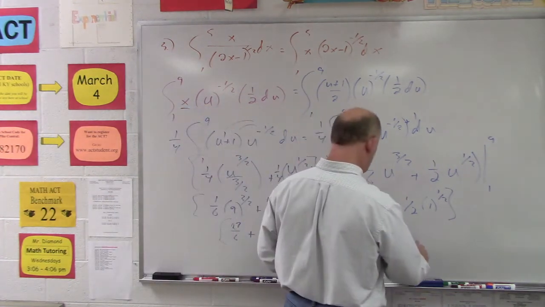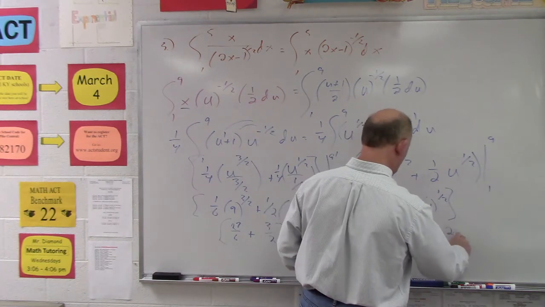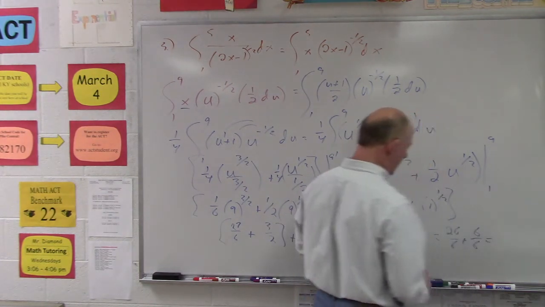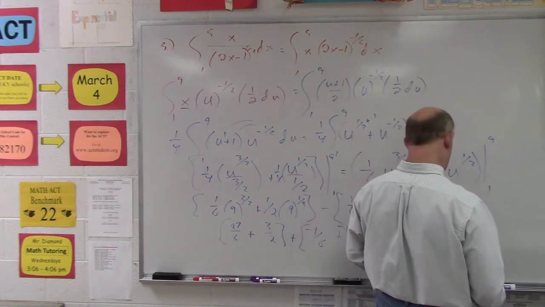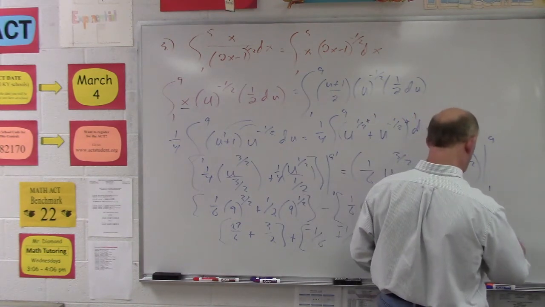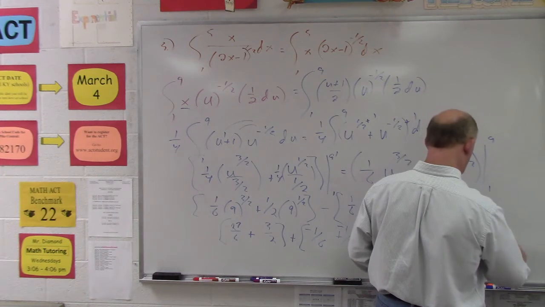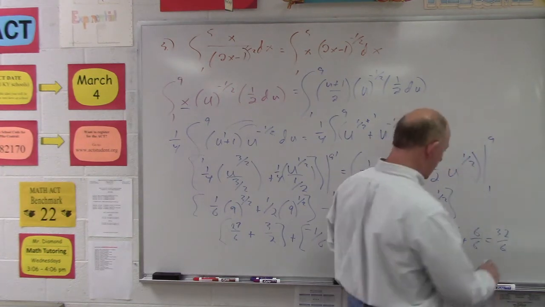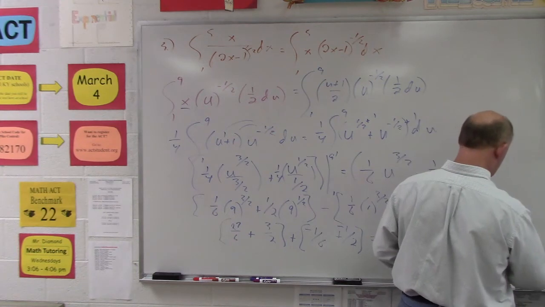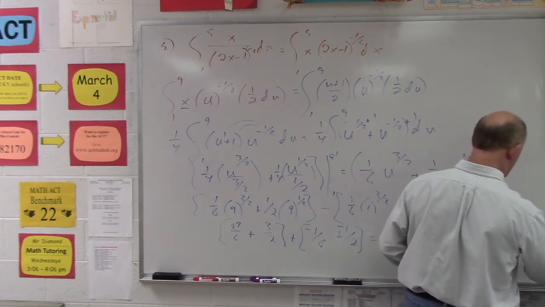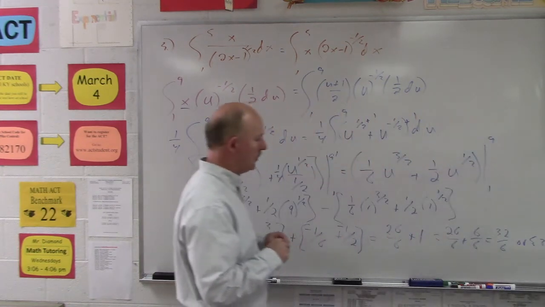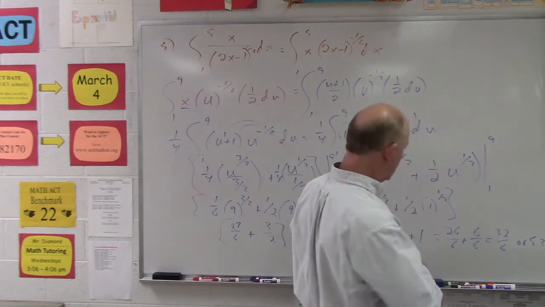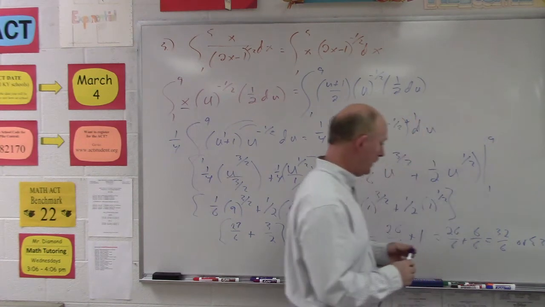So it would be 26 over 6 plus 6 over 6, and that'll give us 32 over 6, or about 5.333 as a decimal. I didn't reduce that 32 over 6, but it will reduce to 16 over 3.